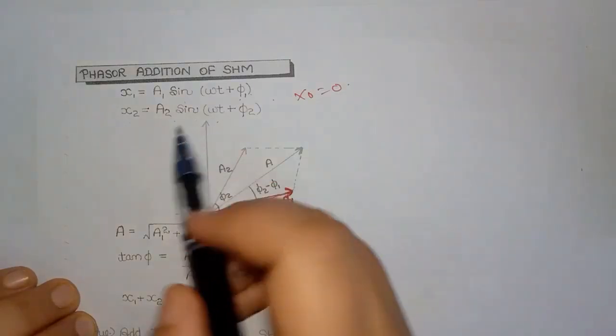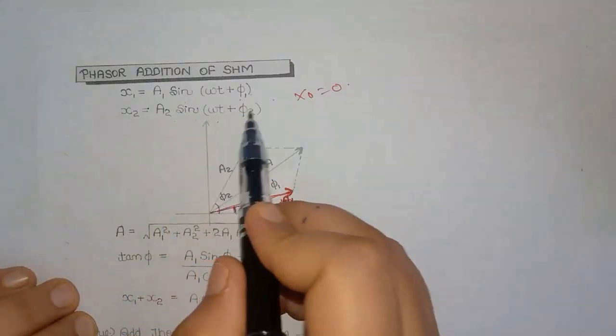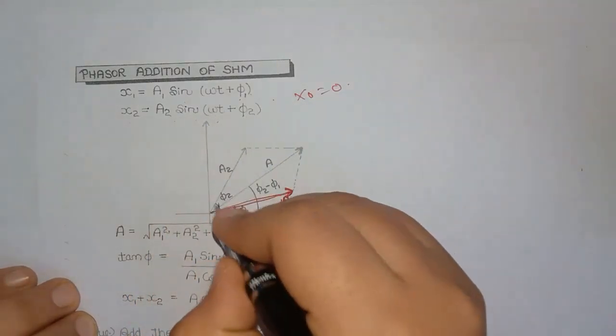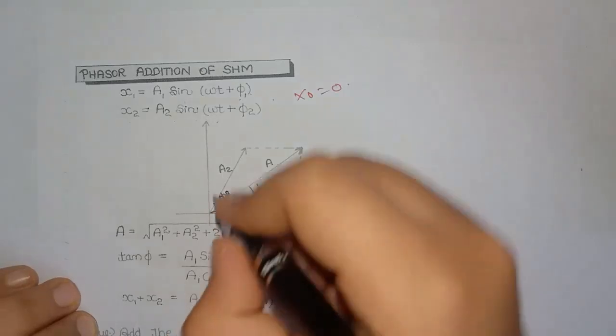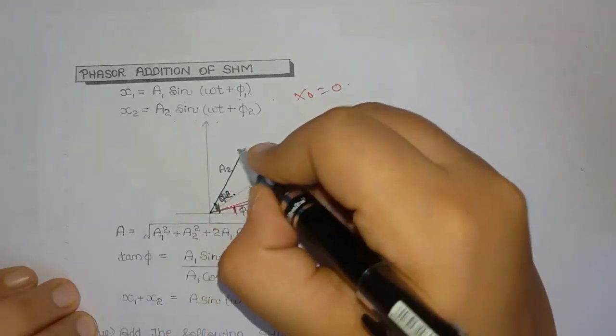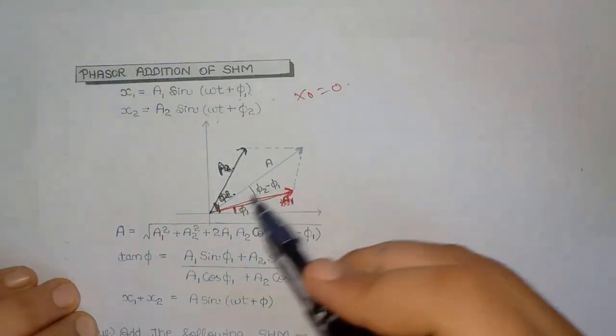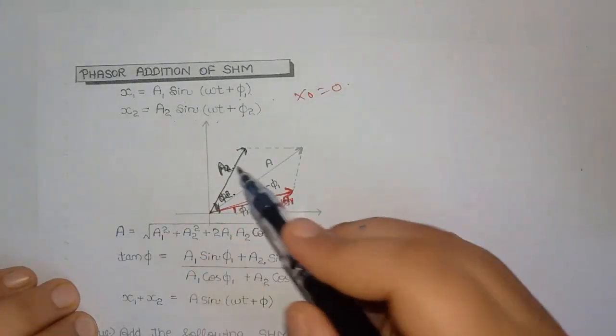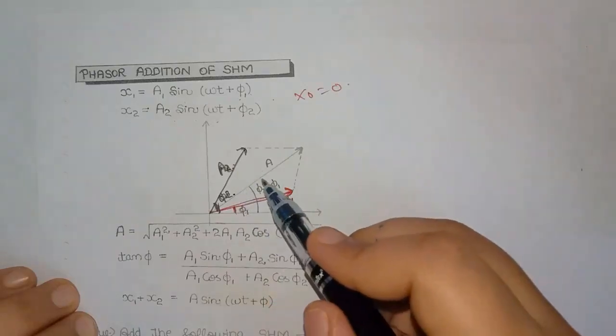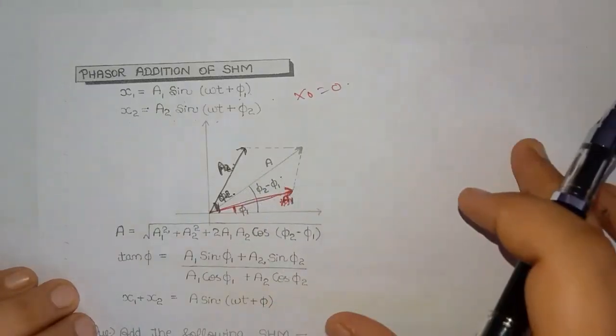The second vector is A2 sin(ωt + φ2). It will make angle φ2 with the x-axis. This is A2. So the phase difference between these two vectors will be φ2 minus φ1.